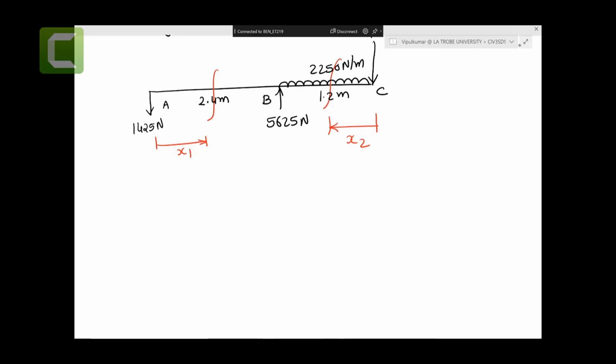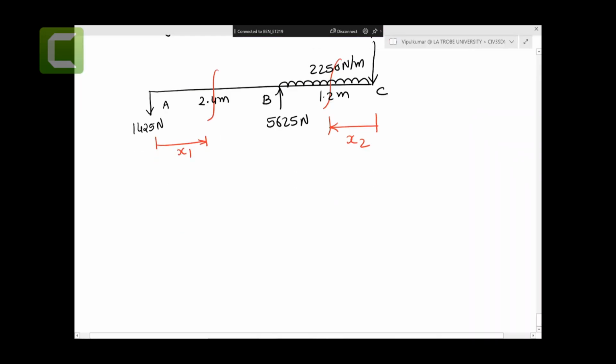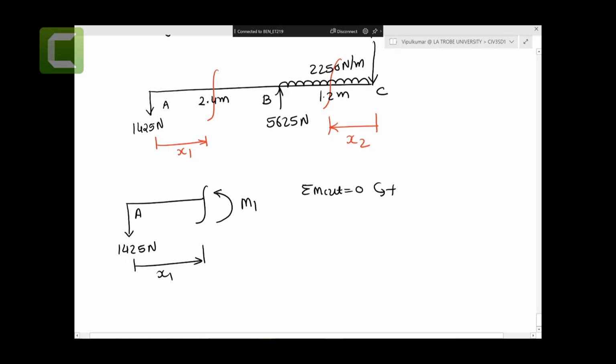Okay, now let's draw the first segment. You have point A, which is 1425 Newtons. You have this cut, capital M1 at a distance of x1. Right, so sum of the moment at the cut equal to 0. Anti-clockwise is positive.